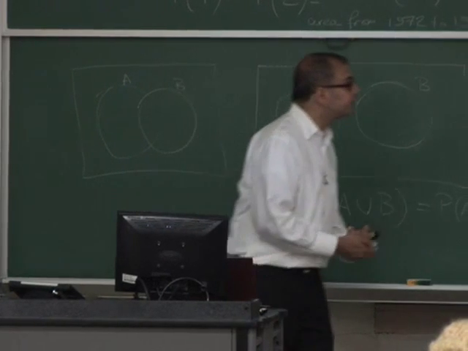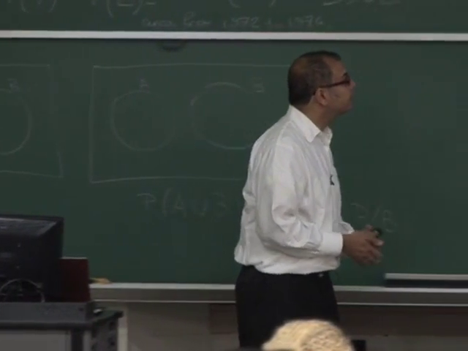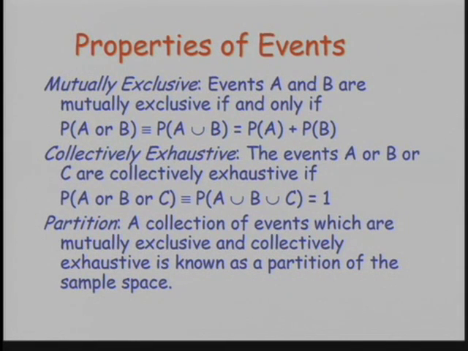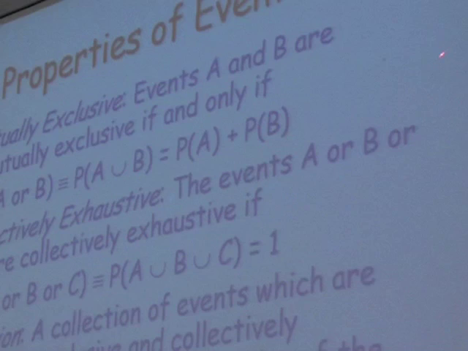So by definition, events A and B are mutually exclusive if and only if the sum of their probabilities gives you the probability of their union. That means the probability of the intersection is null.